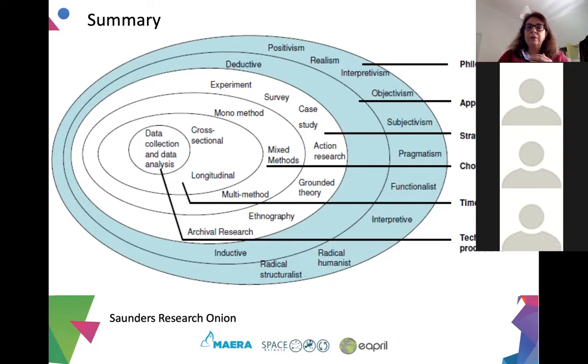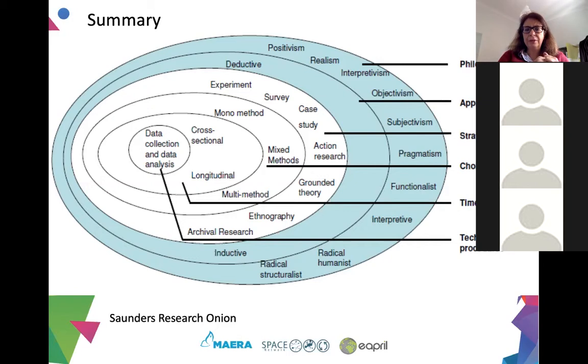Then you have the approaches, the approach of research design, and this can be deductive and also inductive. After that, you have the strategies. I've mentioned some of these, but probably you will see more in any book on the research process.